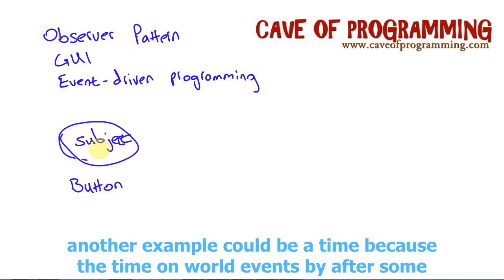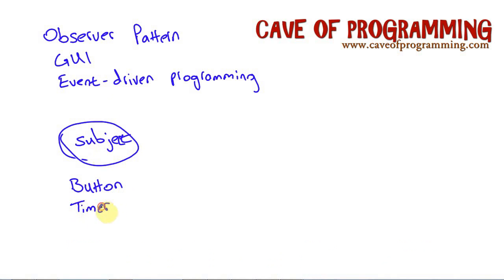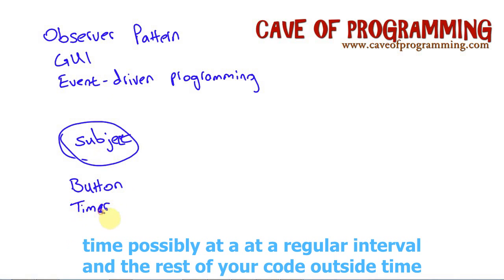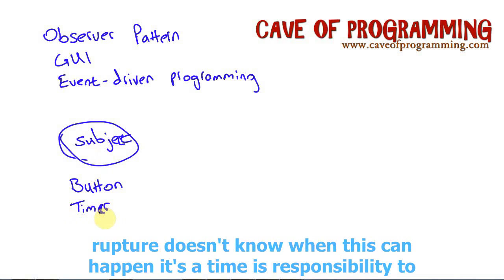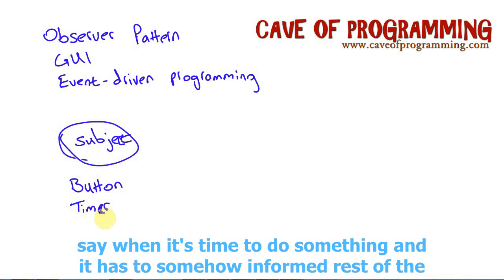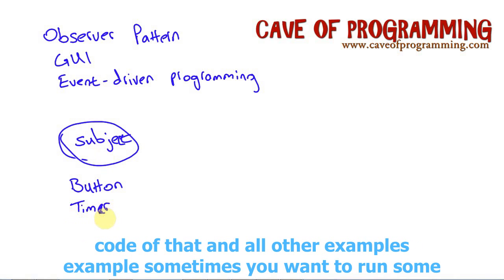Another example could be a timer, because a timer will expire after some length of time, possibly at a regular interval, and the rest of your code outside of that timer object doesn't know when that's going to happen. It's the timer's responsibility to say when it's time to do something, and it has to somehow inform the rest of the code of that.